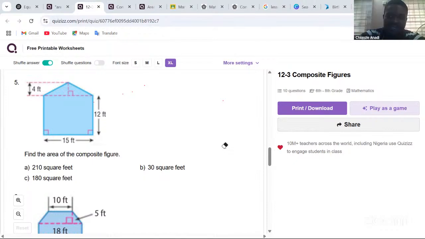Okay, what are they? A triangle and a square.